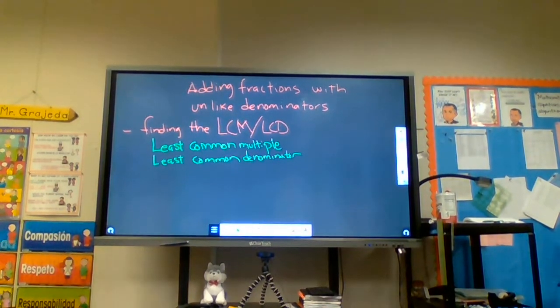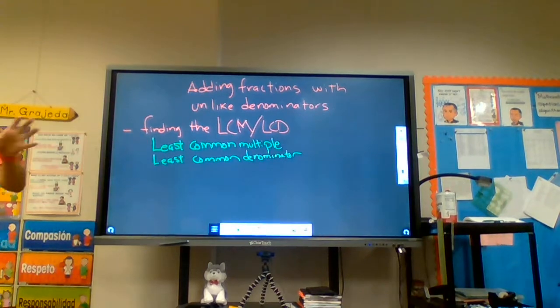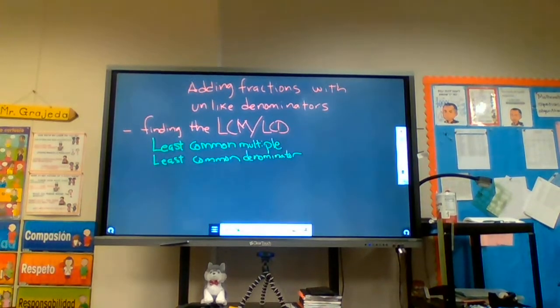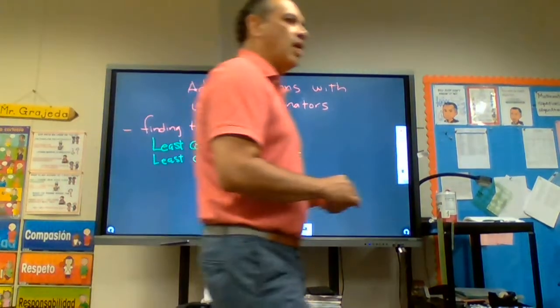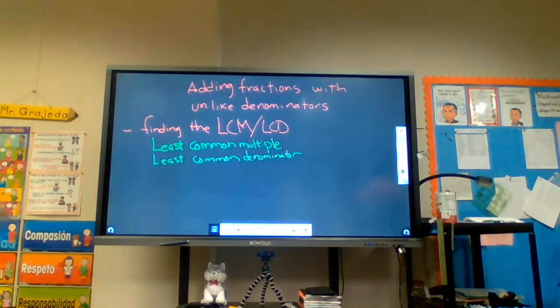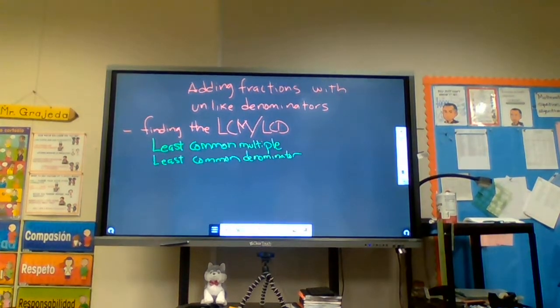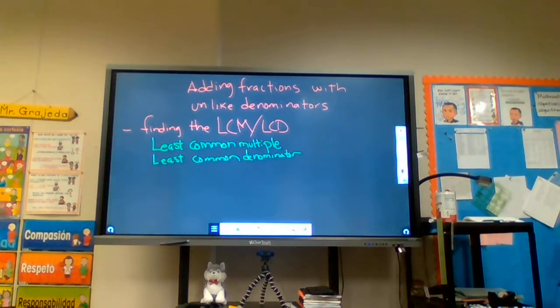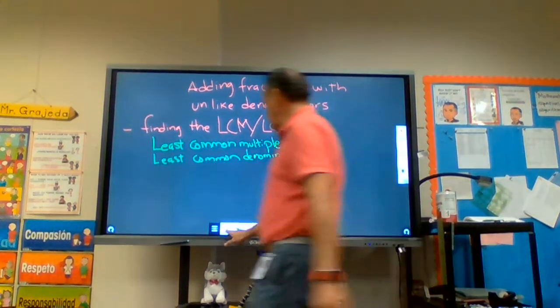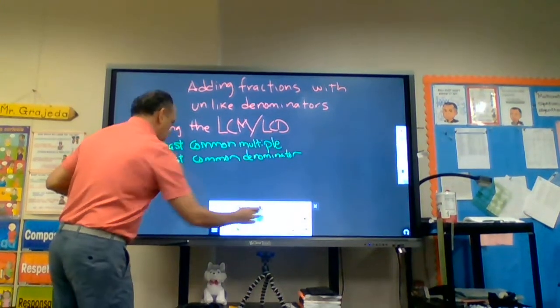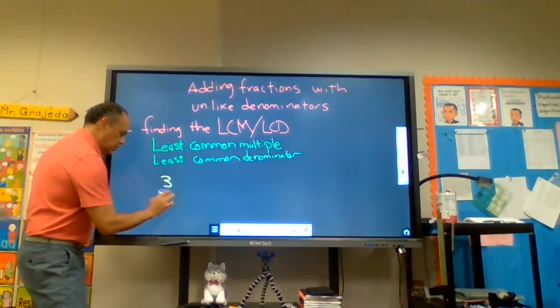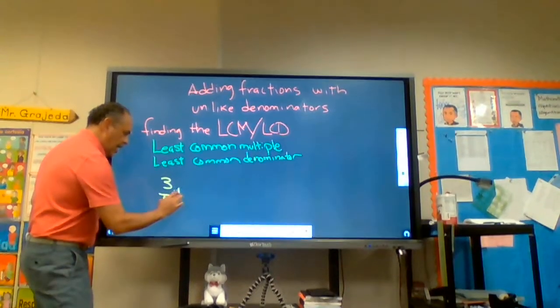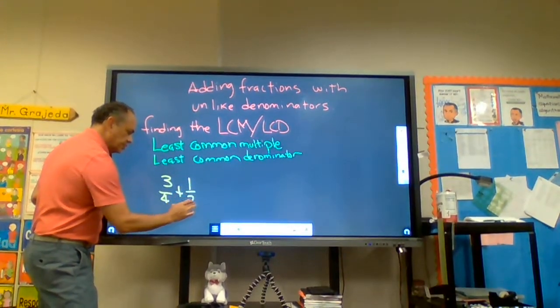So this is the process that we're going to use in order to start adding our fractions. It is very simple. So let's go ahead and write our original fractions. It's going to be 3/4 plus 1/2.